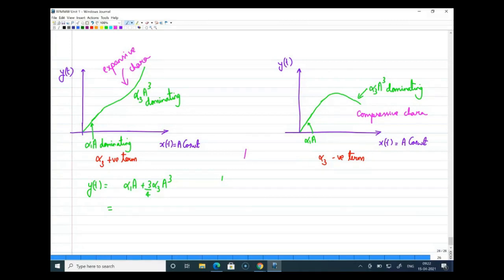I agree, Kashish. What Kashish was pointing out is, since I have taken the x-axis as a cos omega t, the term plotted here should be in terms of square. That is right. Just to show the extent of that compression or expansion, I just have taken this alpha 3 a cube term, cubic term. I agree to that point, and that is correct also, Kashish.